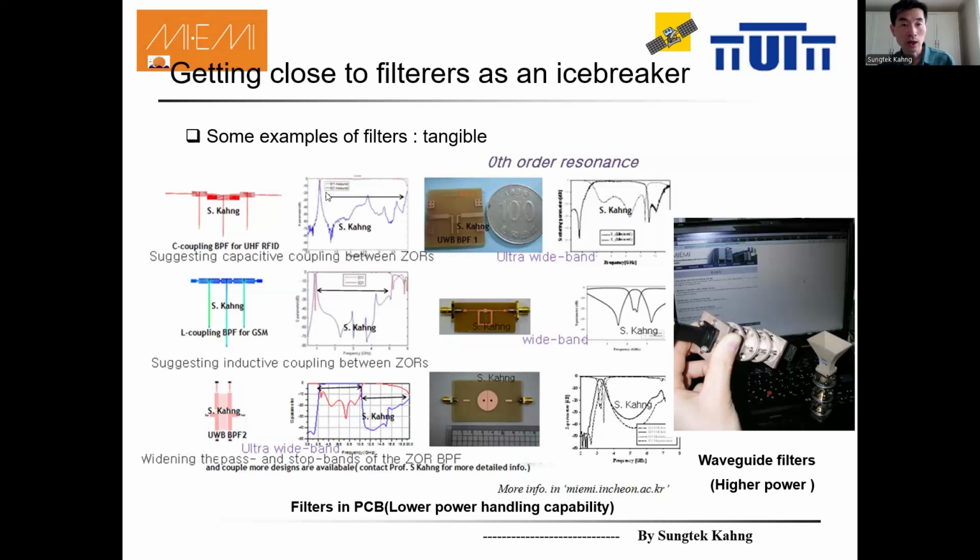As you see, without the use of a low pass filter, the stop band itself is very wide. Why? By using the zeroth order resonator, I can make my filters very small, but more importantly, I could suppress spurious frequency components after the passband, without the use of the low pass filter. So the reason is zeroth order resonance.